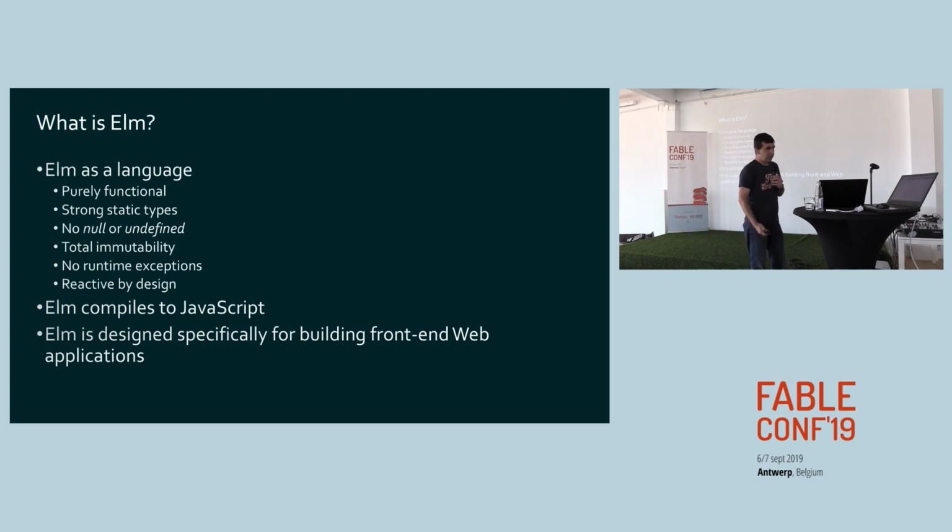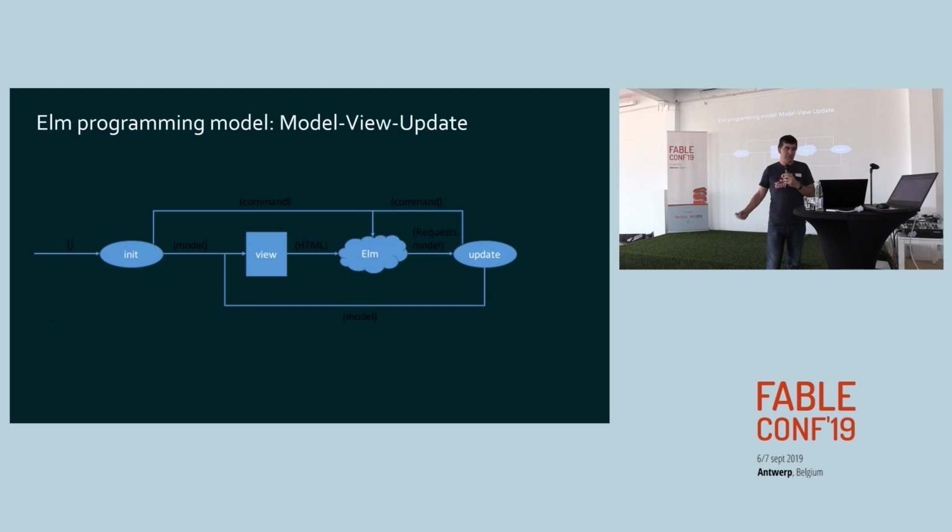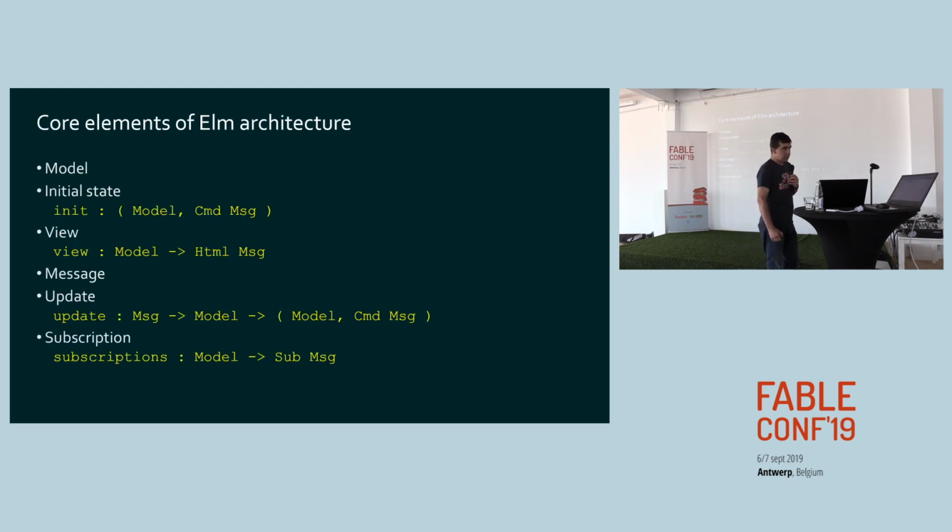It compares to JavaScript, and it has a very simple model based on immutability, called Model View Update. So in brief, if I just show in one slide how the Elm architecture looks, you have a model, you have an initial state, and you have some transformations.